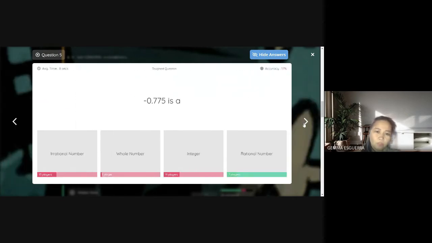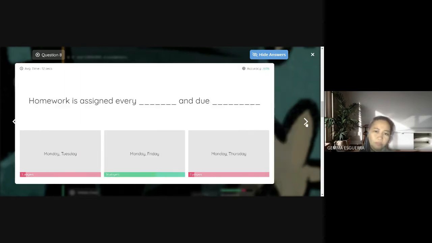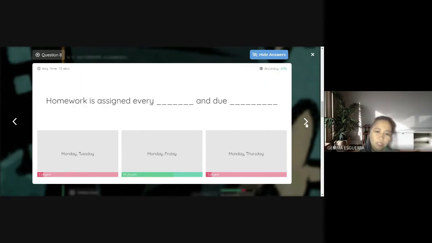Next, 0.75 is a rational number. Sabi ko sa inyo kanina, it's a rational number. Next, pi is considered an irrational number, kasi that's continuous. Next, square root of 3 is considered an irrational number. Next, homework is assigned every Monday and due Friday. Usually naman talaga ganon, pero ako actually nagdu-due date pa nga sa inyo ng Sunday.